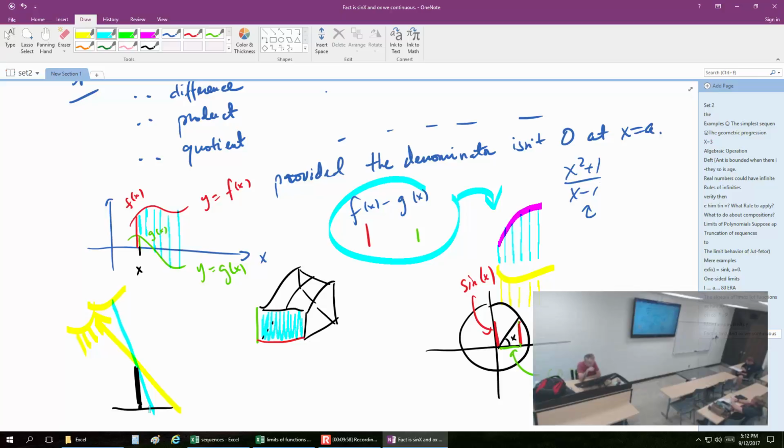So these are good news. This is how continuity is preserved under many operations, with the only exception being the quotient, where you might divide by 0. You remember, the denominator is continuously approaching 0. What does it do to the whole thing?